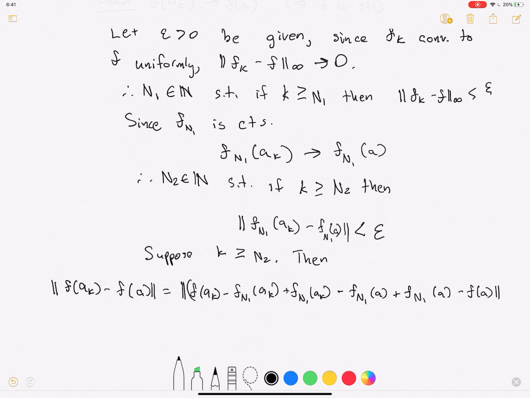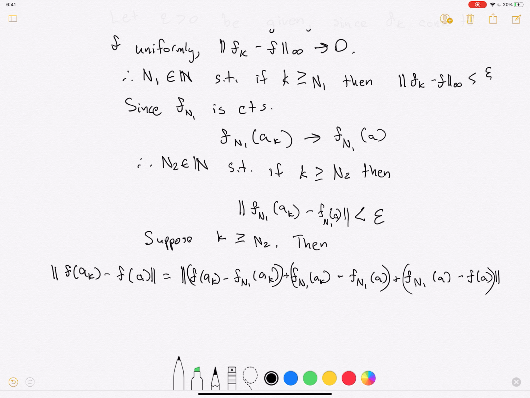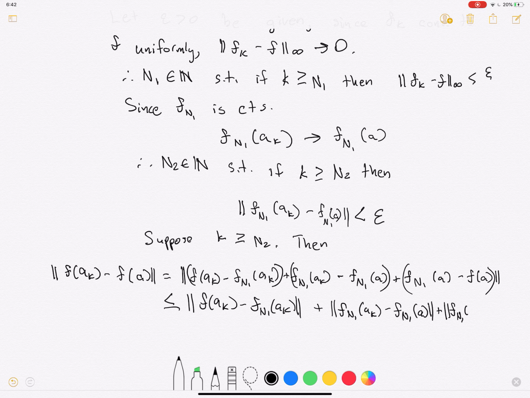Now if we group things together, we have a sum inside of a norm, and so we can use the triangle inequality: f(a_k) minus f_n1(a_k), plus f_n1(a_k) minus f_n1(a), plus finally f_n1(a) minus f(a).